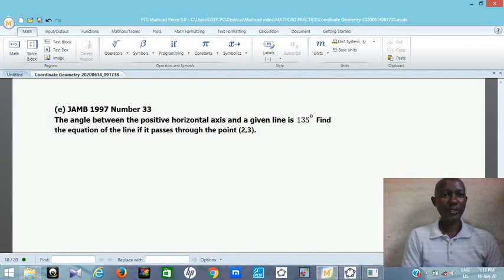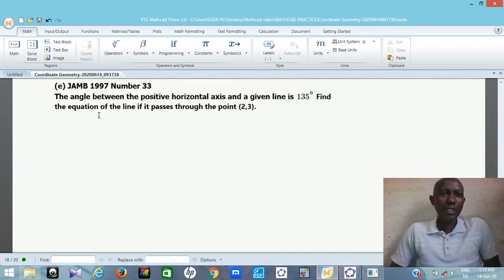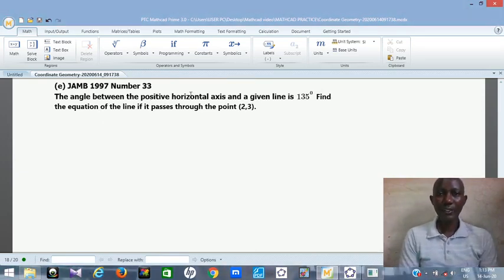So this one is taken from 1997, number 33. It's also a JAMB question, and this says the angle between the positive horizontal axis and a given line is 135 degrees. Remember what we mean by positive horizontal axis.